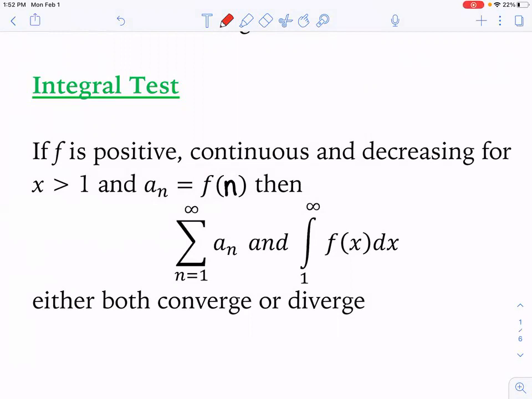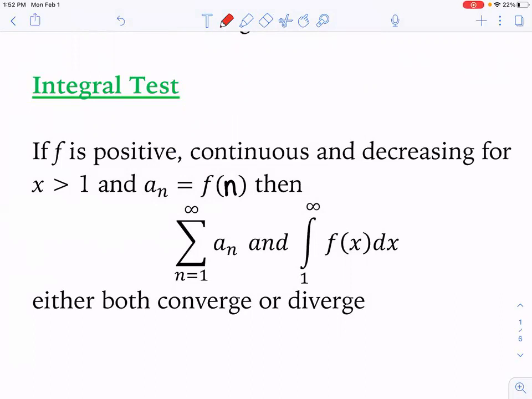So first of all, as long as our function is positive, continuous, and decreasing, yes, those are 3 things that I have to see that you accounted for. Positive and continuous are really just things you're going to think about. Decreasing, you better show me your function is decreasing.